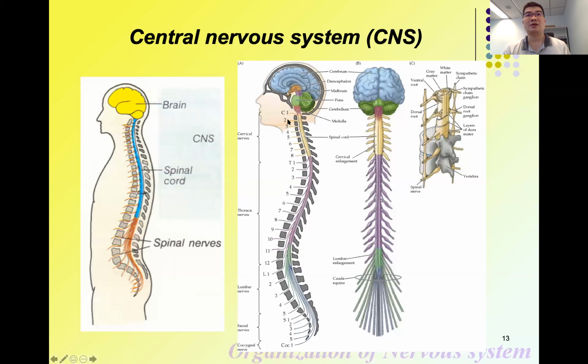So the nerves come out as C1, C2, C3, C4, and all the way down to L1, L2. And you can see that the sacral nerve actually comes from here, and you don't see the spinal cord here anymore. Is it okay?